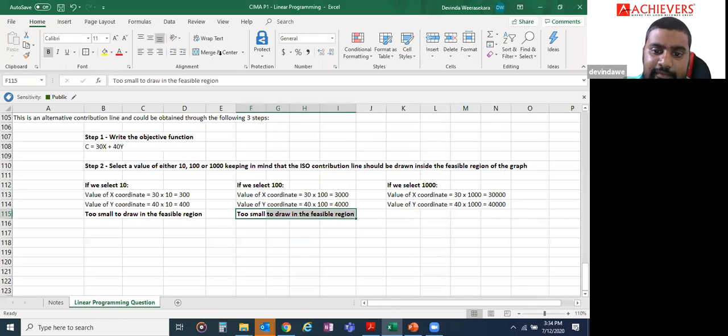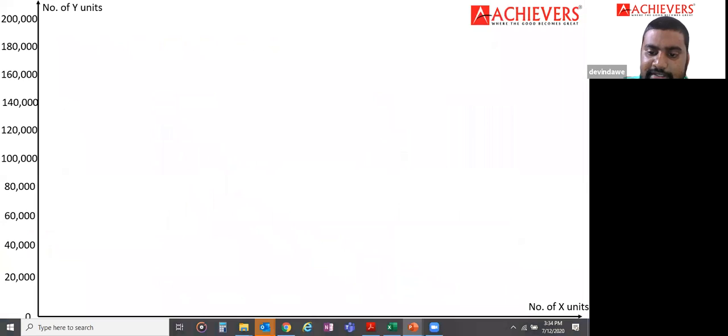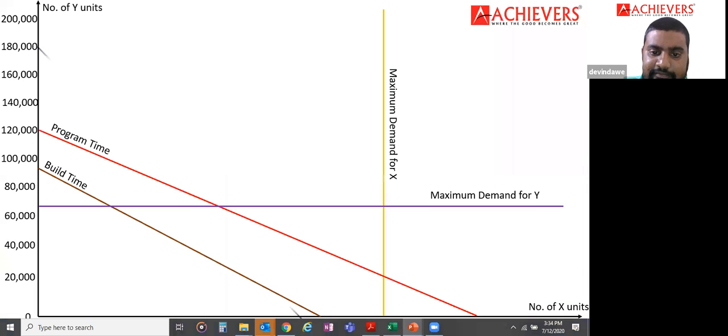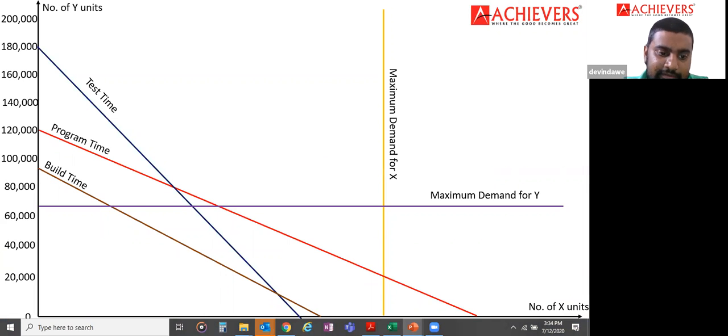Now, is it possible to draw inside the feasible region 30,000, 40,000? Yes. The graph starts from 20,000, getting 30,000 and 40,000 is very possible, and it is good size, also visible, and it's practically possible.